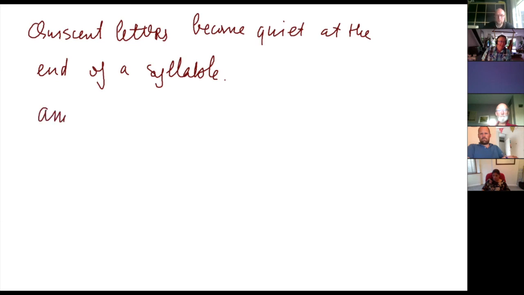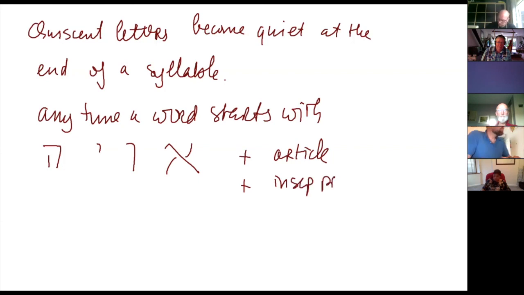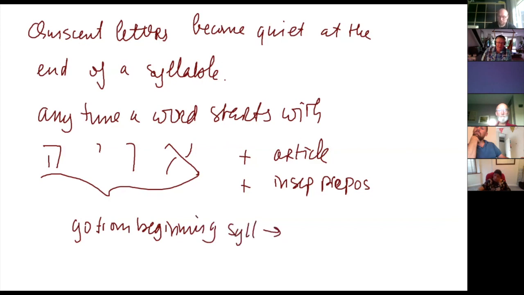So anytime a word starts with Hey, Yud, Vav, or Aleph, and you get an article or an inseparable preposition, or the combination of those two, these letters go from the beginning of a word, thereby the beginning of a syllable, to the end of a syllable.